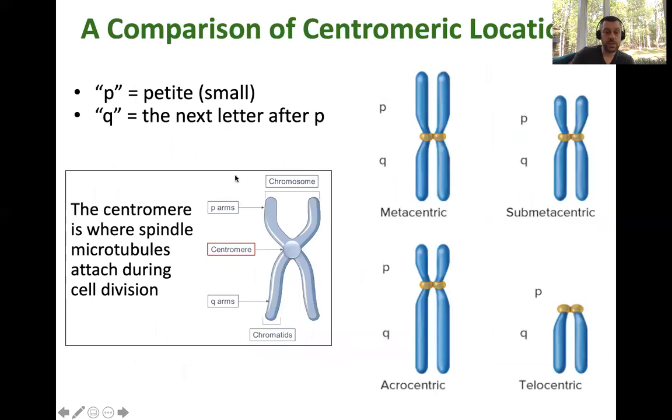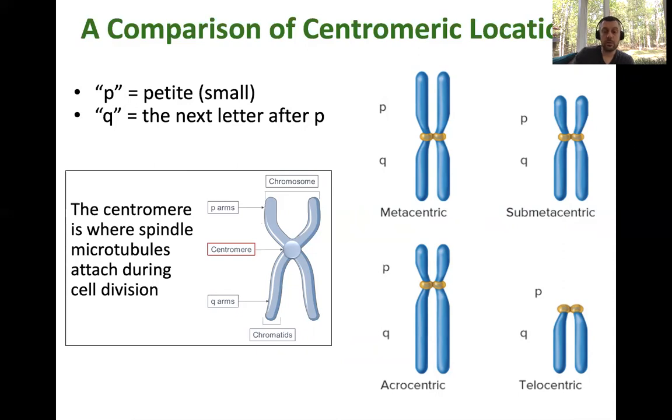So just to remind you what a centromere is, if you look at this little inset over here, the centromere is basically a protein structure that sits in between the two sister chromatids, attaching them together at metaphase. So remember, one chromosome is these two sister chromatids, which are just replicated single chromatids.